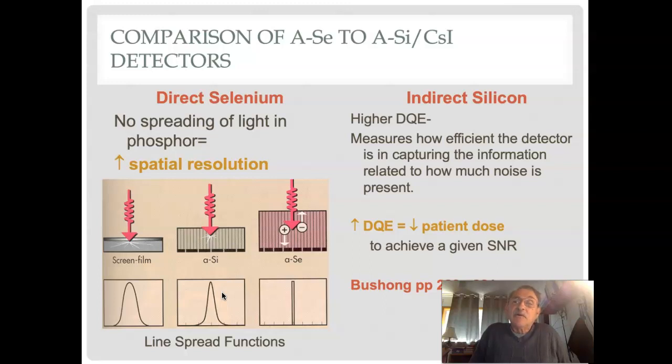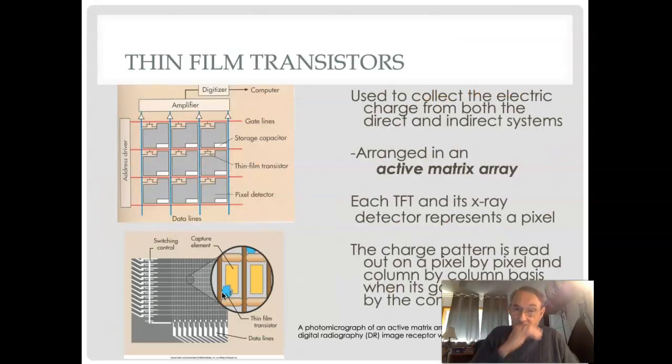And I'm going to talk more about those in a minute or two. So increased detective quantum efficiency equals decreased patient dose. Bouchon does a pretty good job on this. Pages 299 through 301 talks about this stuff specifically.